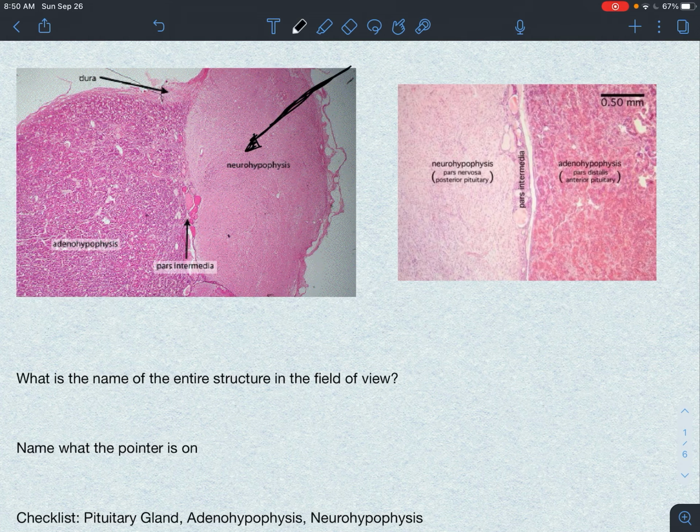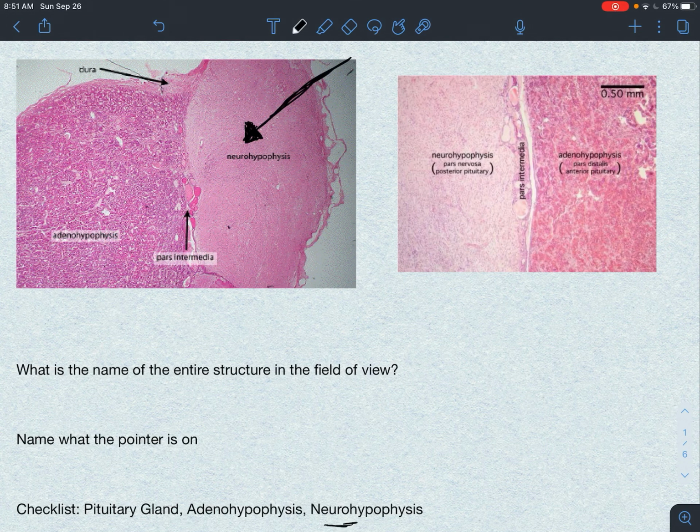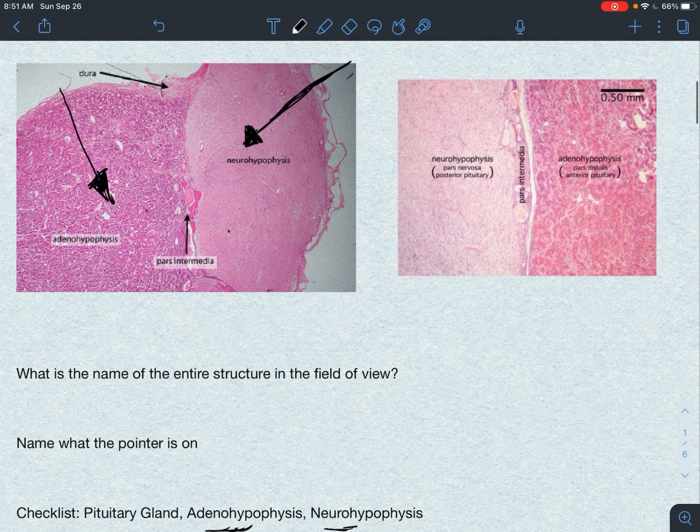It might be very specific with that pointer, asking you what is on the tip of that pointer. At that point, you want to be more specific, and you want to say neurohypophysis. If the pointer is on the other side, then of course in that case you want to say adenohypophysis.